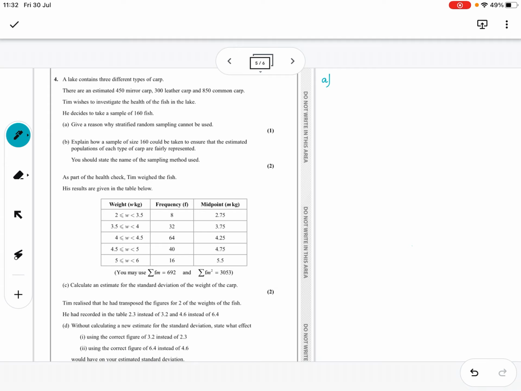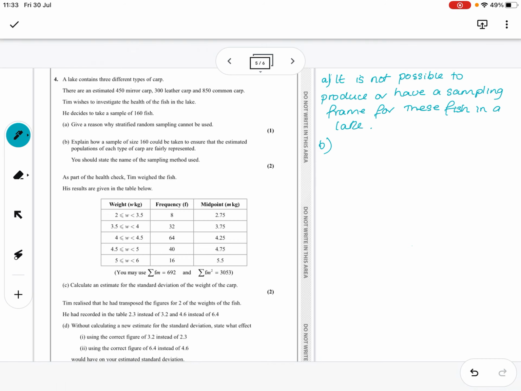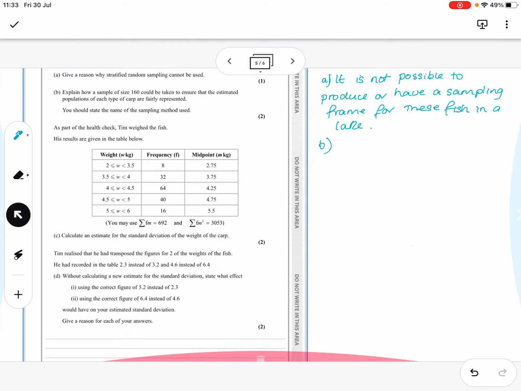So the biggest issue here is that it is not possible to produce a sampling frame for the fish in a lake. So that's that one done, 1 mark.